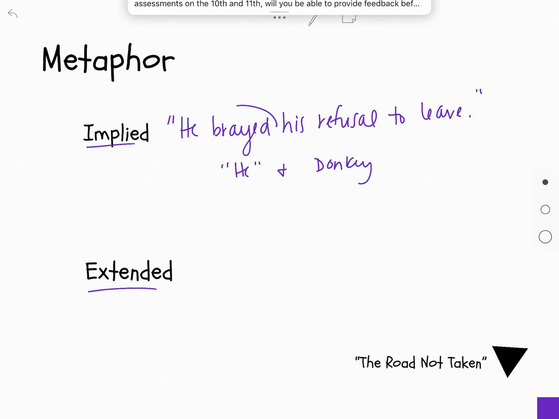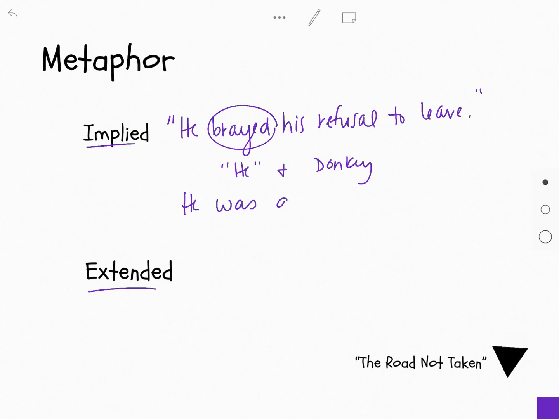The reason I know that is this word right here. When we're talking about the sounds an animal makes, really a bray is pretty unique to a donkey. So it's implied because it doesn't say he was a donkey.